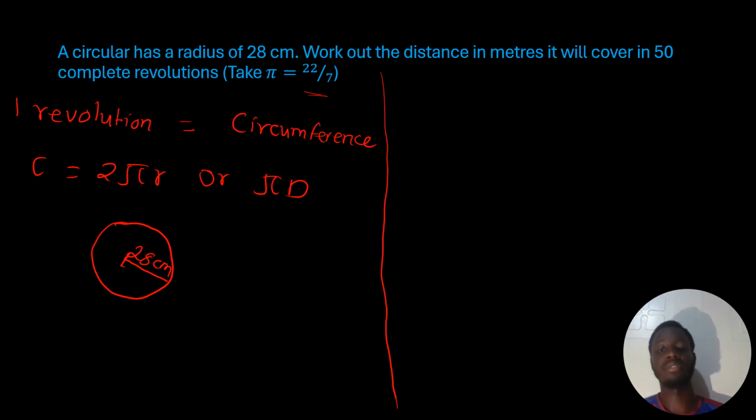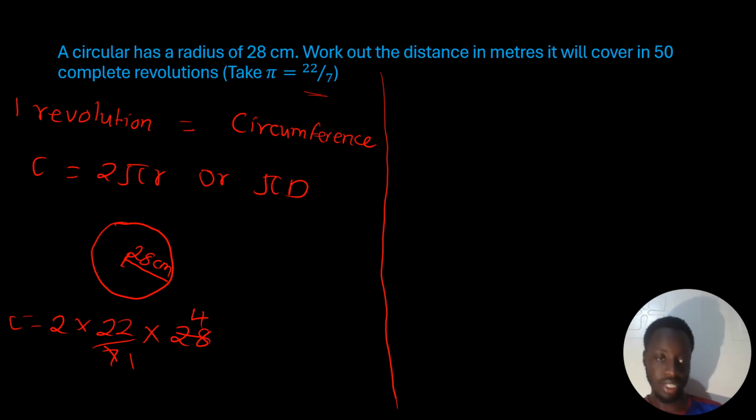Substituting, you have 2 times 22/7 times 28. You can simplify here to get 4, then 4 times 22 is 88, and 88 times 2 is 176 centimeters.